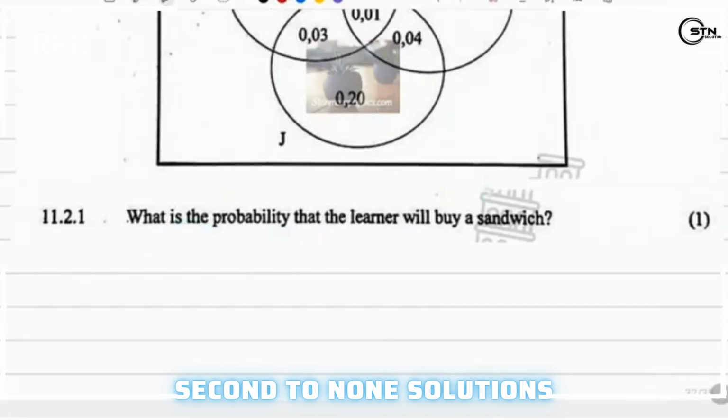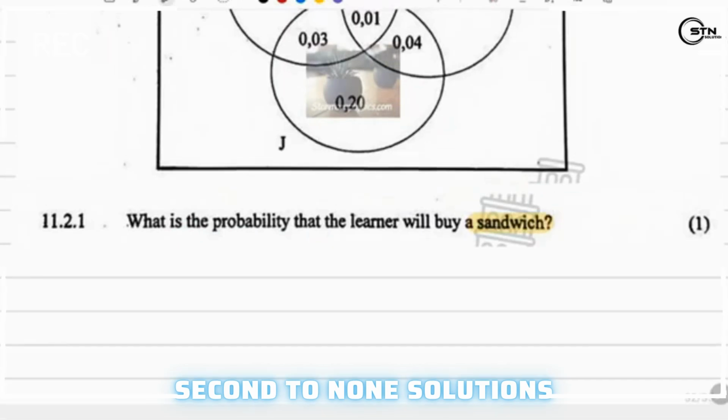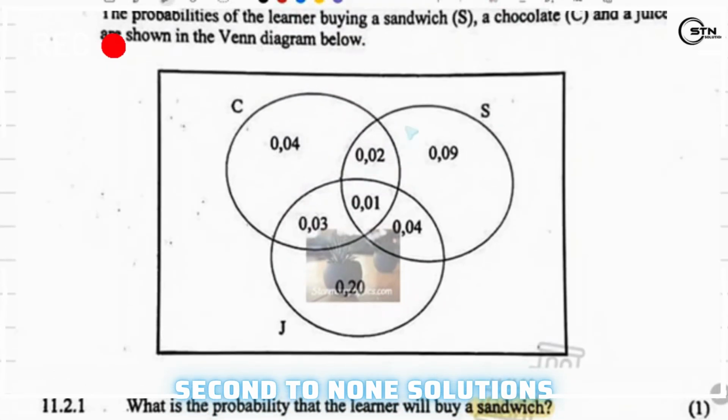So they want the probability that the learner will buy a sandwich. You see that we have the different circles: chocolate, juice, and sandwich. They did not say the learner is going to buy a sandwich and not a chocolate and not a juice. They just said a sandwich. So regardless of whether the learner buys chocolate or juice, as long as they bought a sandwich, we're going to take that.